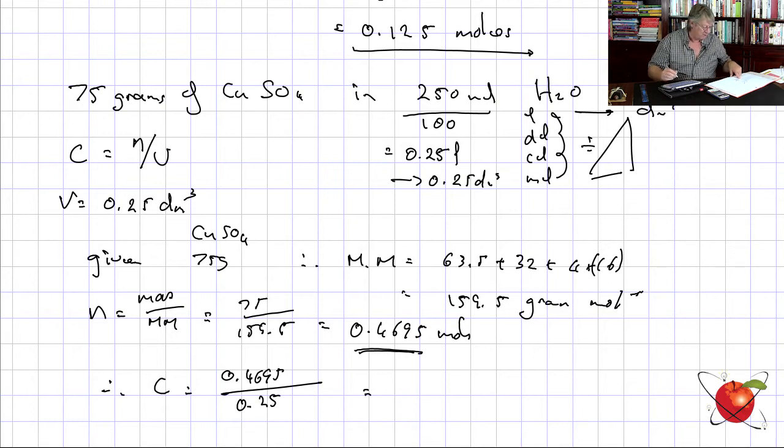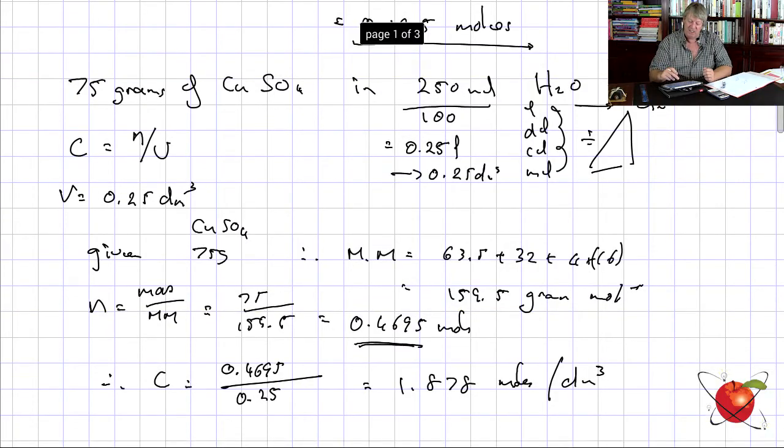Okay, the answer is 1.878, and that is moles per cubic decimeter. All right? So therefore, in every liter, we're going to have 1.878 moles.